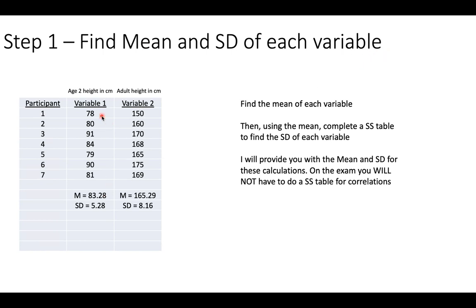So we're not going to go over how to do that because you should be comfortable, given the last few sections of this class, taking a list of scores, right, averaging them, and then completing your sum of squares table to find a standard deviation. We want to go from mean to deviation score from the mean to square deviation to the sum of those deviations. We then find a variance, and then we use that variance to find a standard deviation.